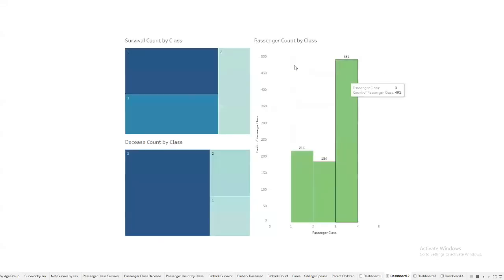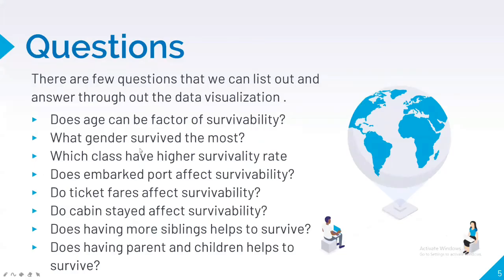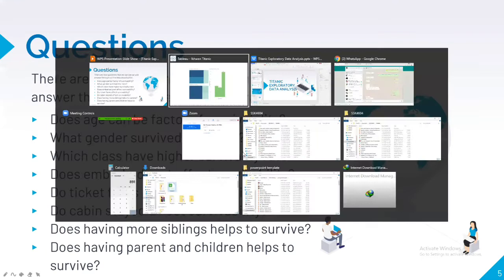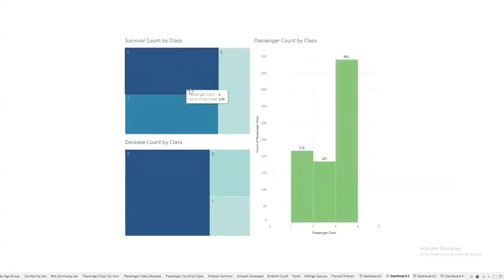Next question, which class has higher survivability rate? This data shows that passenger class 1 has a higher survivability rate than class 2.